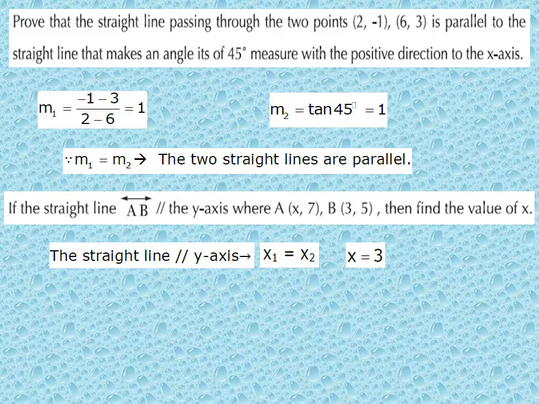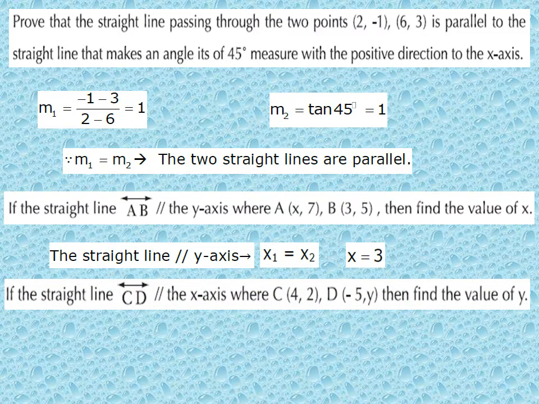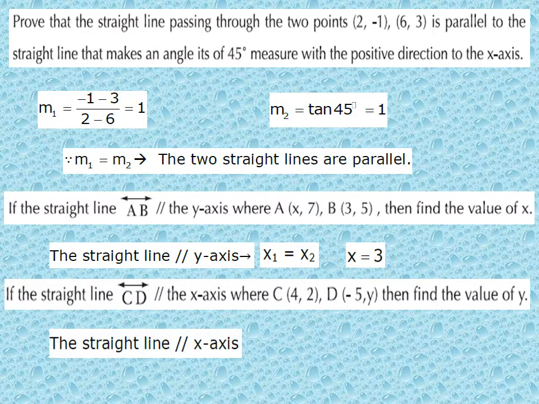Therefore, x equals 3. If the straight line CD is parallel to the x-axis where C is (4, 2) and D is (-5, y), then find the value of y. The straight line is parallel to the x-axis, then y1 equals y2, then y equals 2.